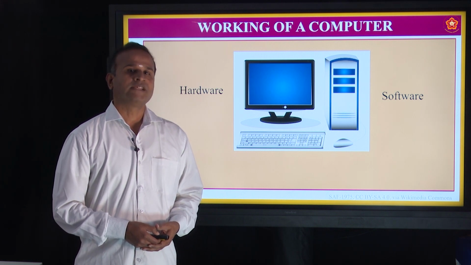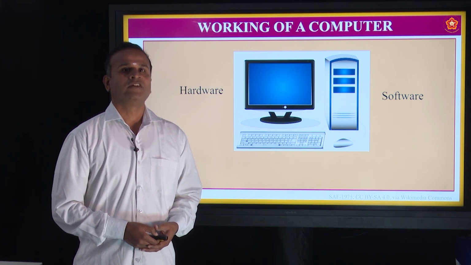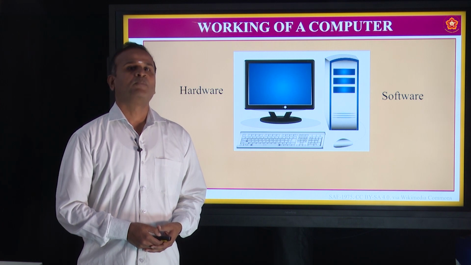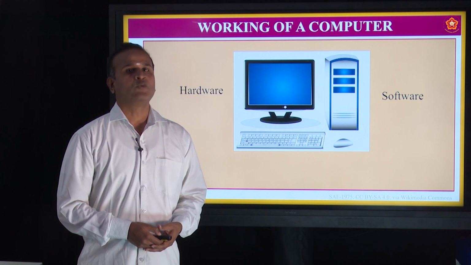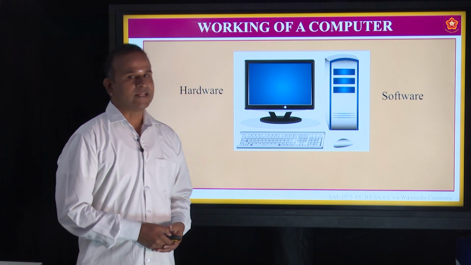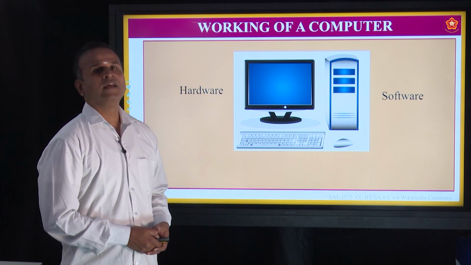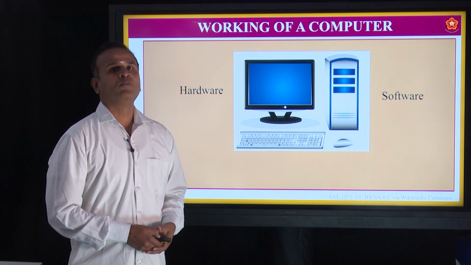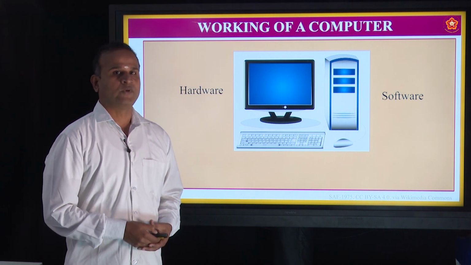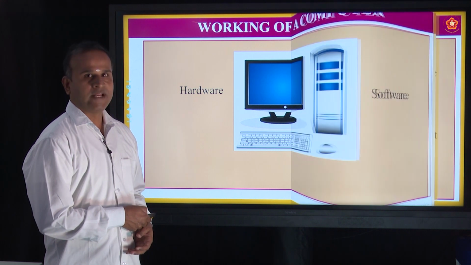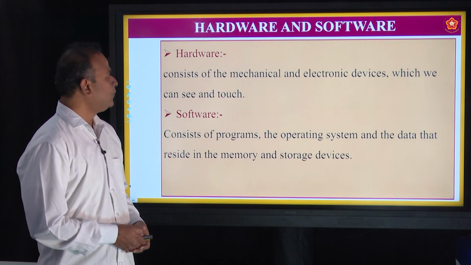The computer is an electronic device which takes the input from the user, processes it and then delivers the output to various output devices. As you can see, to function properly, the computer requires both hardware and software. Moving on to the next slide, hardware.